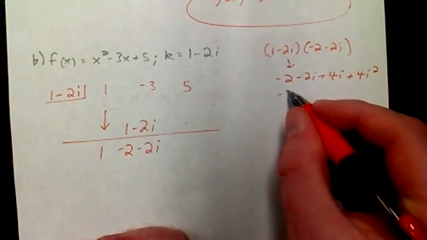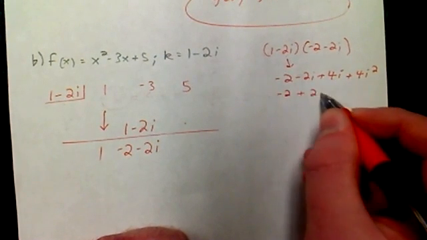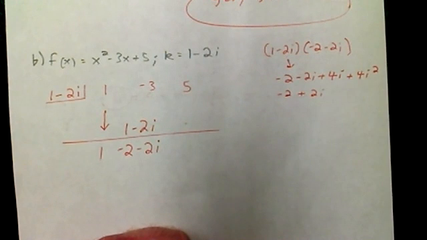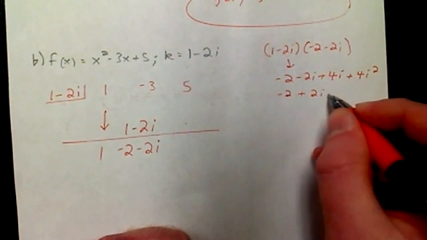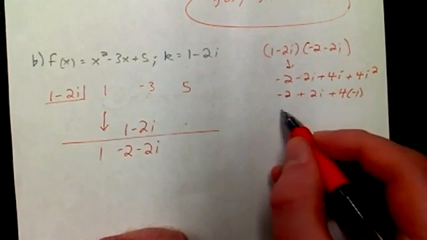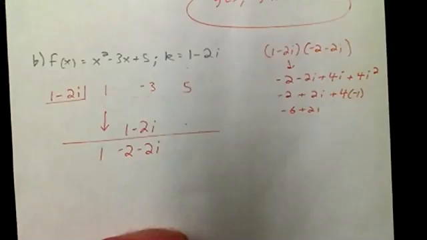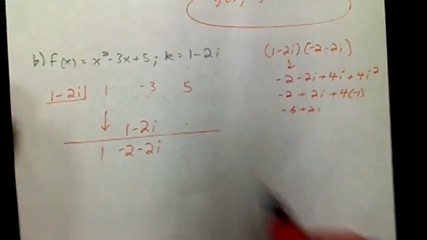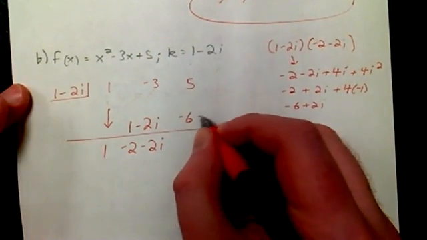So that's -2 plus 2i. Plus 4 times -1, that's -4, so -6 plus 2i, essentially. That's what goes right here, -6 plus 2i.